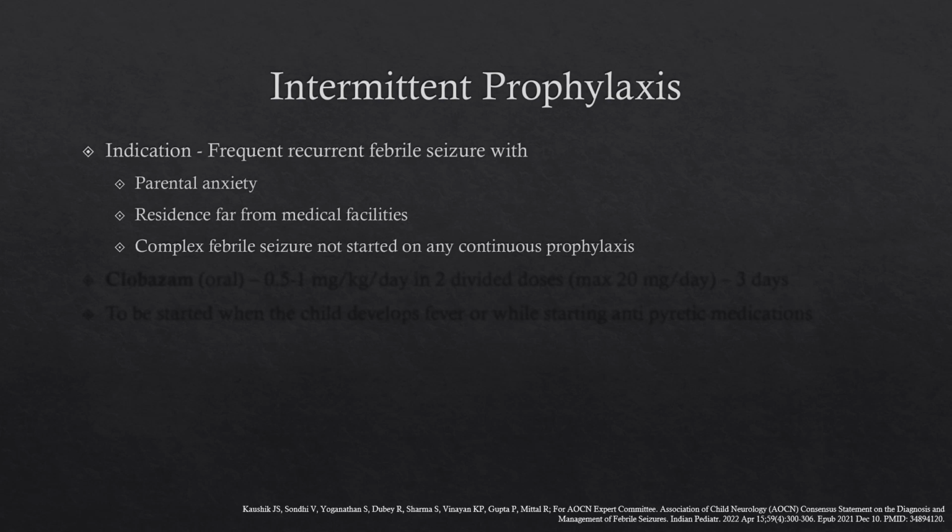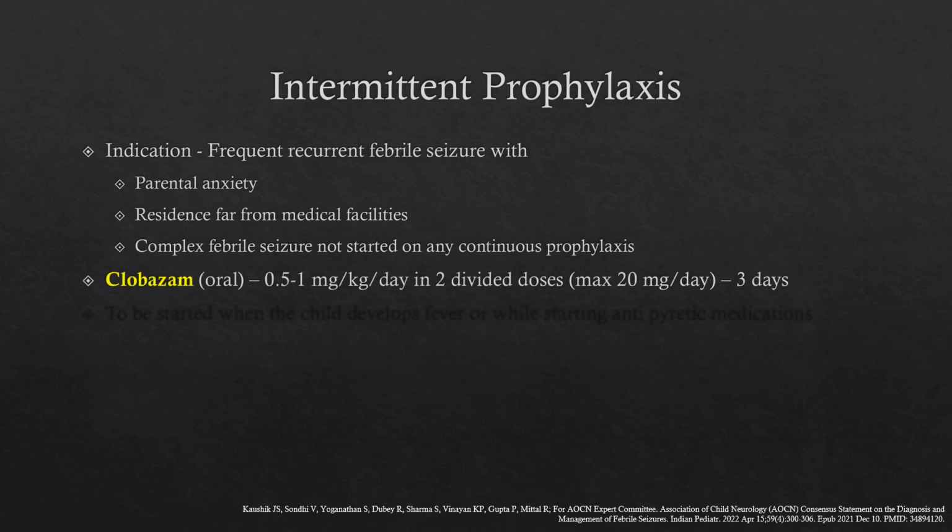The indications are frequent recurrent febrile seizures, with any of the following: if the parents are anxious, if the parents reside in a place very far from the medical facility, or if the complex febrile seizure has not been started on any continuous prophylaxis. In these scenarios you need to give intermittent prophylaxis.